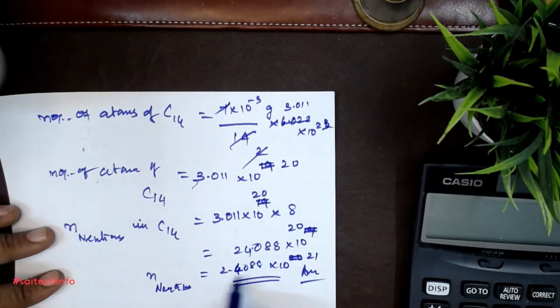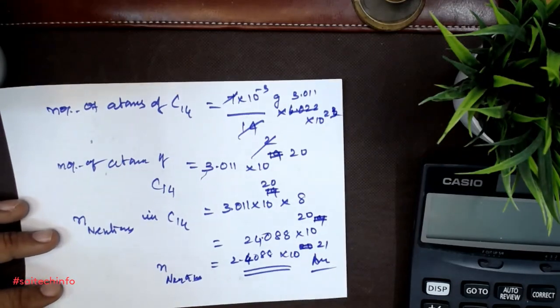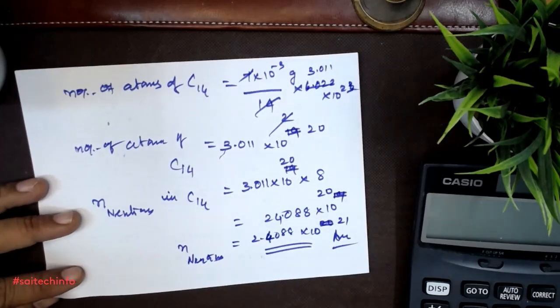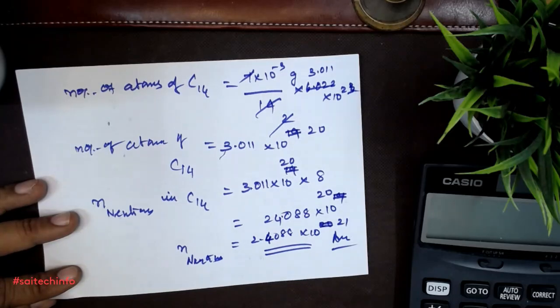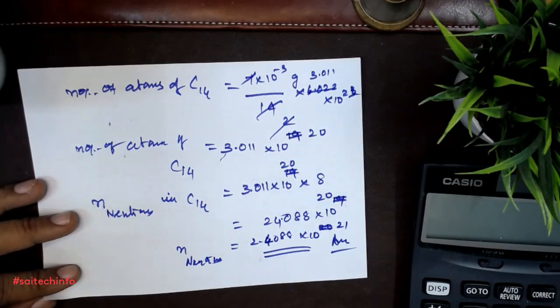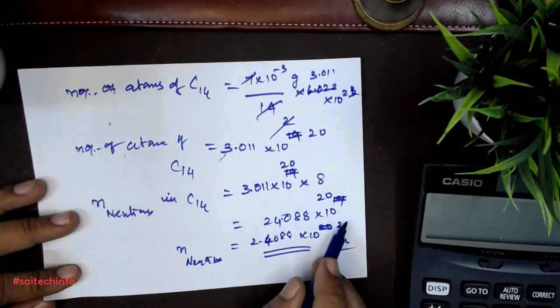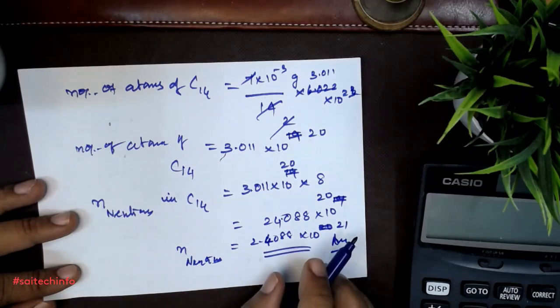Okay, so 2.4088 into 10 power 21, right? The brain sometimes cheats us. We put 6.022 there and it goes there, even if we know. That is the shadow grey area. So 2.4088 into 10 power 21 number of neutrons.